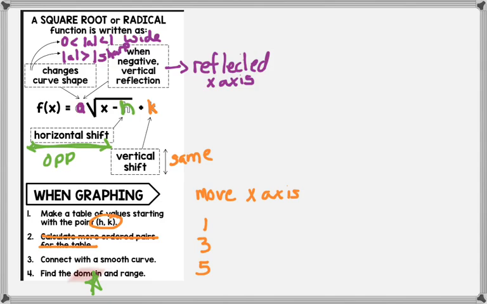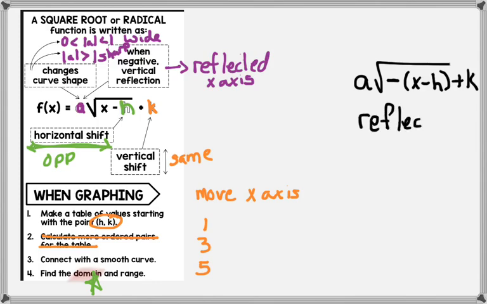If under your square root you have a negative value, this is going to tell you that there is a reflection across the Y axis. That's how we get it to go back to the left instead of go to the right.